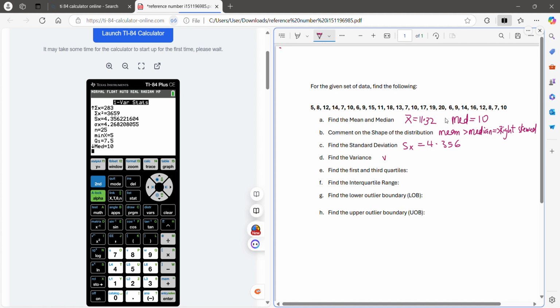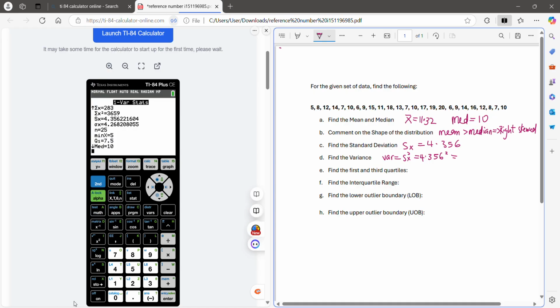What about the variance? Don't forget, the formula for calculating the variance is the standard deviation squared. So that is, you have 4.356 squared. And that should give like 17 point something. We can do that immediately after.